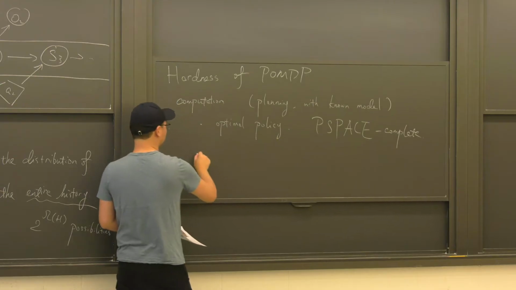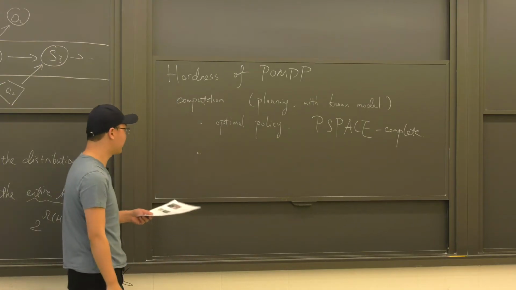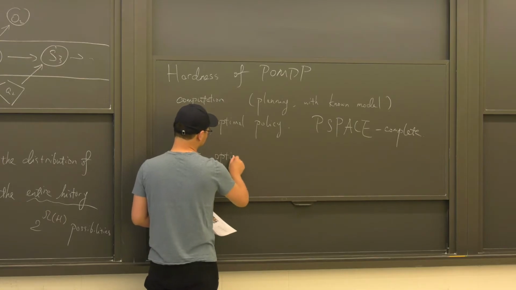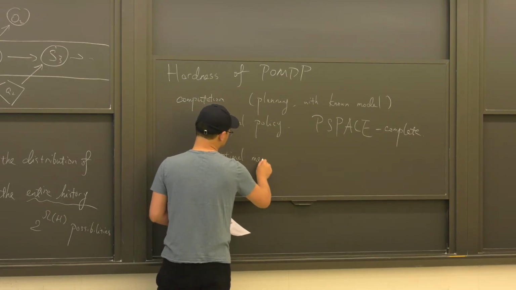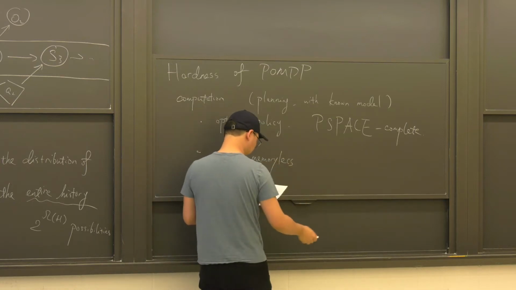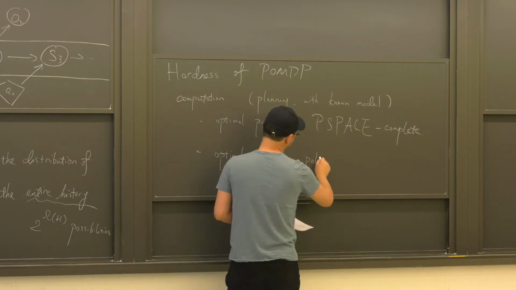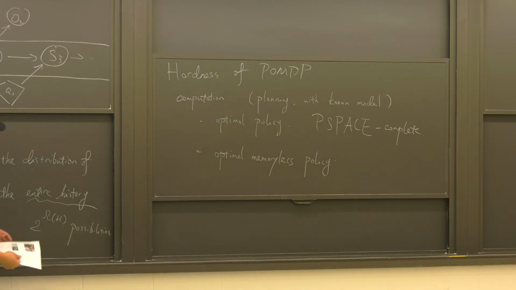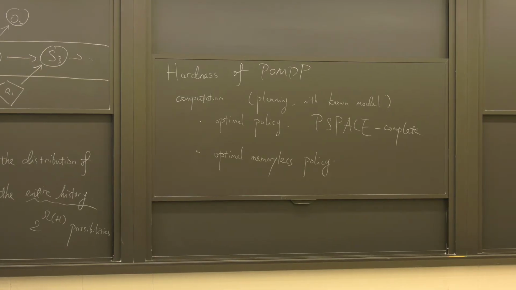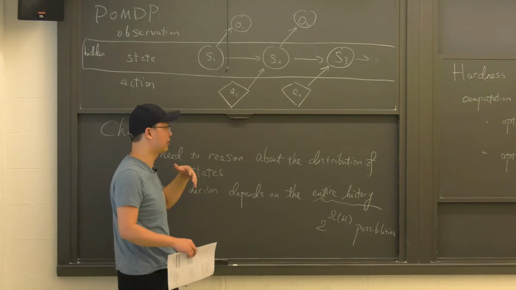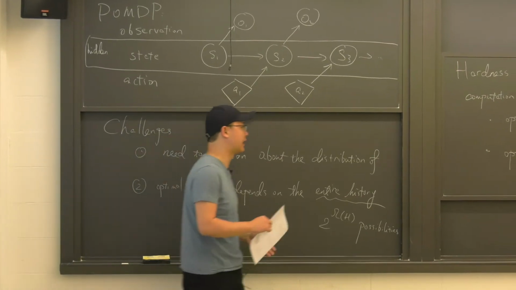And if we just want to find a subclass of the optimal policy, that is the optimal memoryless policy, which only looks at the policy that no longer depends on the entire history, but only depends on the current observation. So this clearly is not the optimal policy, but let's just discuss the best policy within this class.